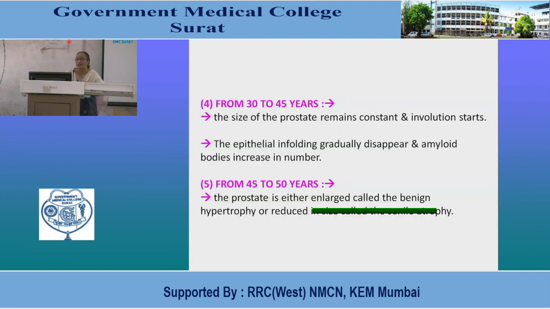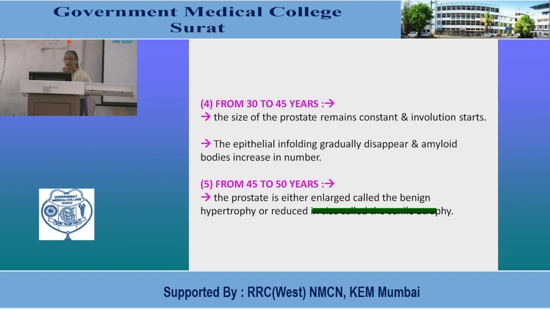These amyloid bodies in the lumen of the prostatic glandular acini are called the corpora amylacea. As age advances, these bodies are visualized in the central location of the lumen. Now the changes that occur from 45 to 50 years of life.